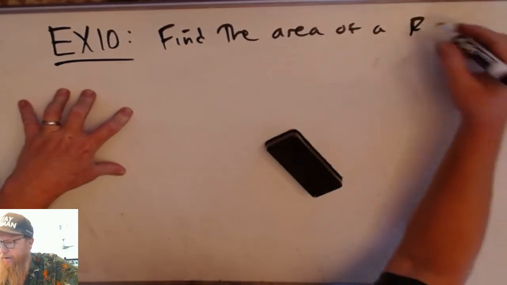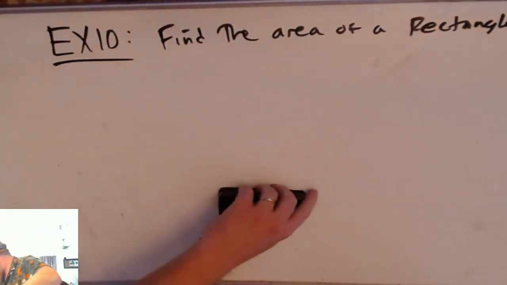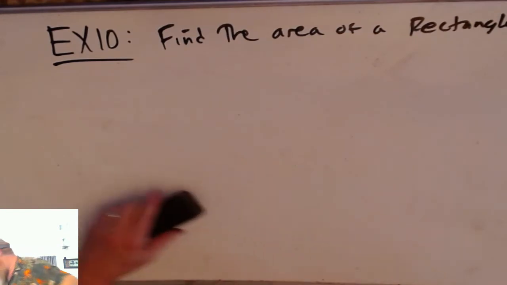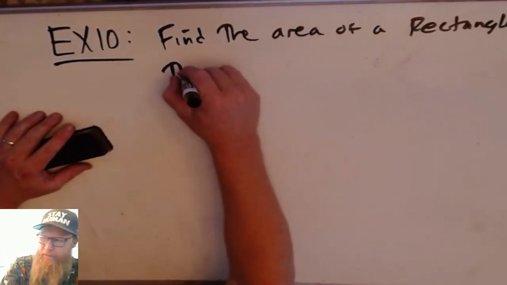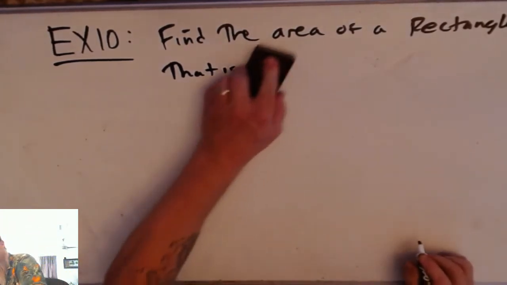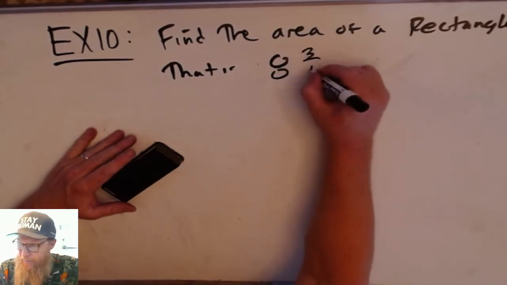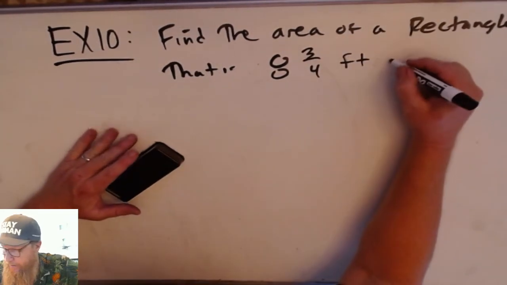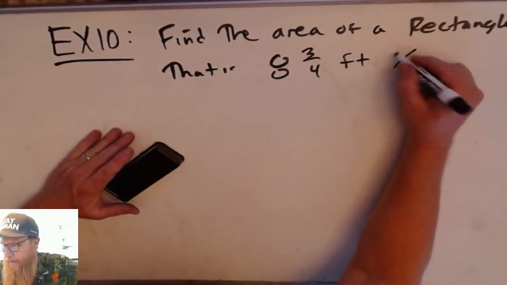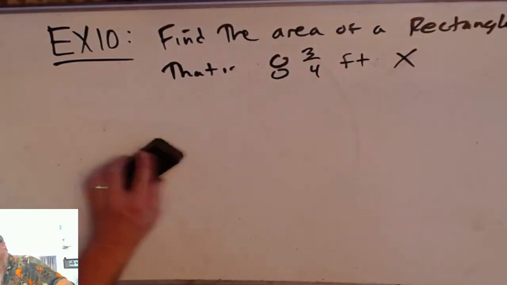So let's find the area. Find the area of a rectangle that is 8 3/4 feet long and 3.5 feet wide.